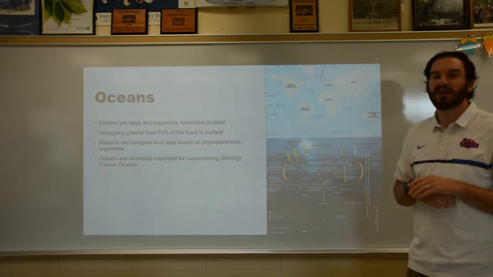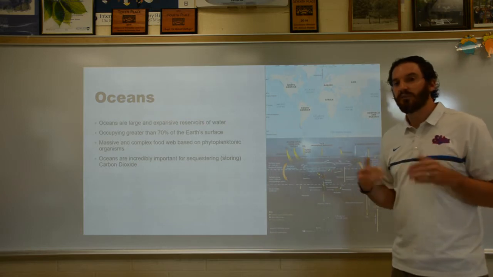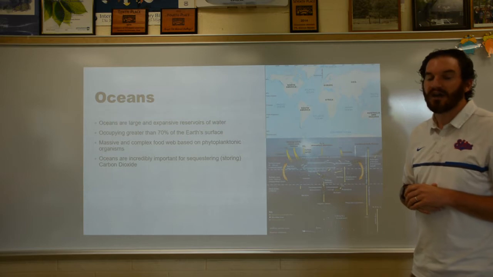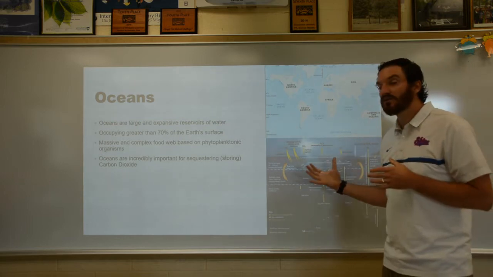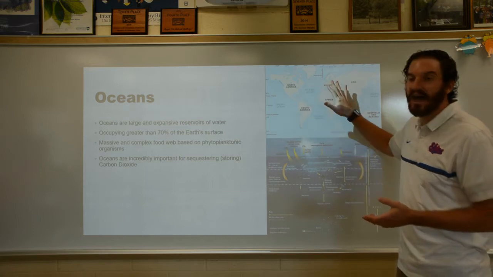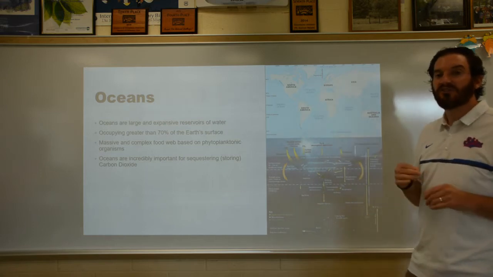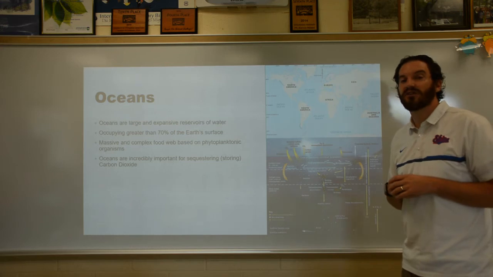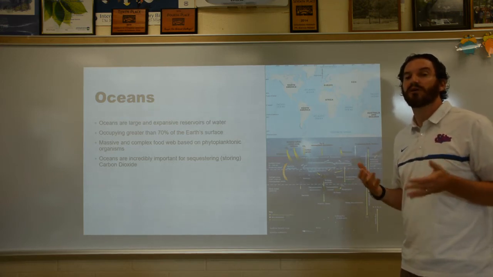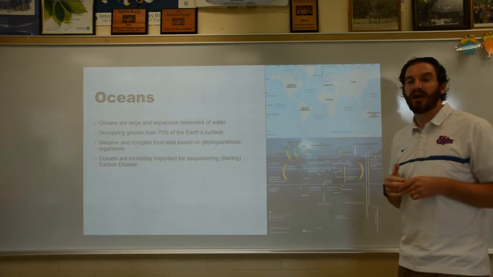Like the actual bottom of the oceans is incredibly important for storing carbon dioxide. We also just finished talking about the terrestrial biomes, and the influence the oceans have on land, especially if you are in close proximity to the oceans. The thermal regulation, because of the large amounts of water, actually helps to moderate a lot of the temperatures there.